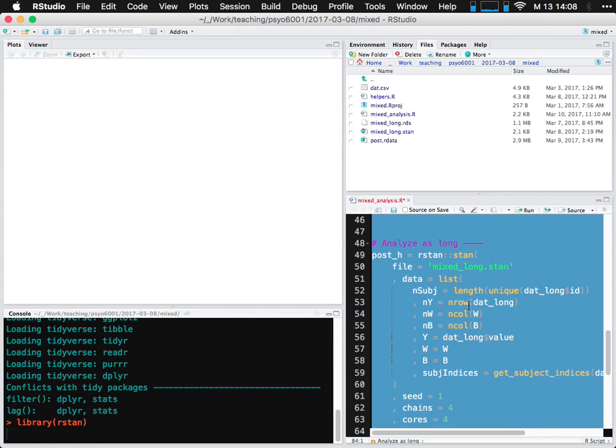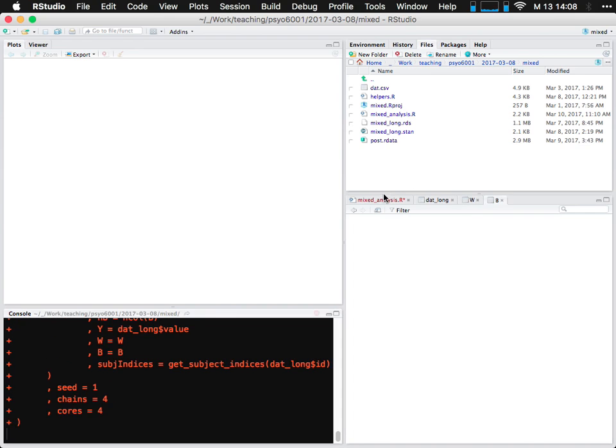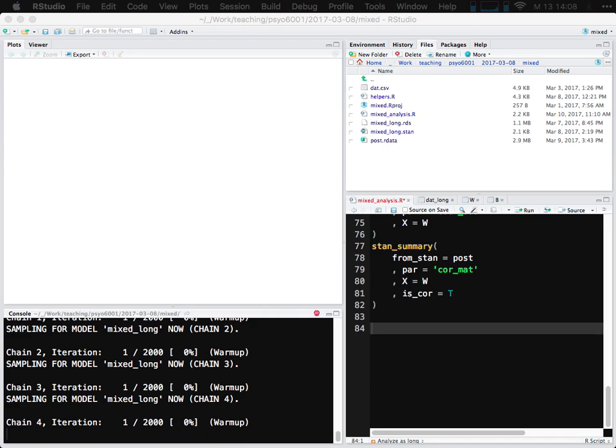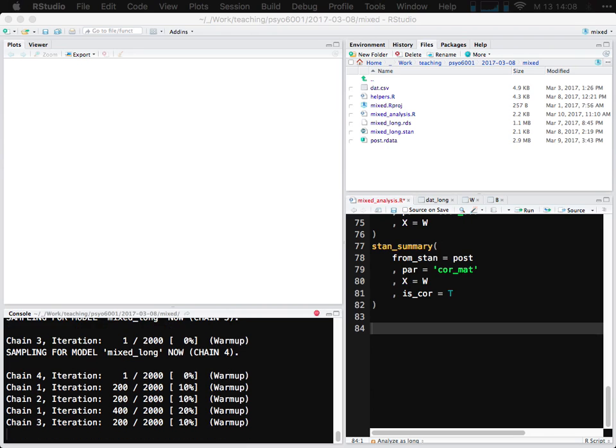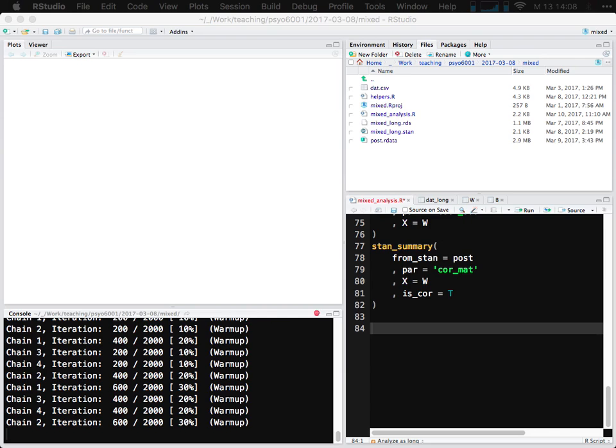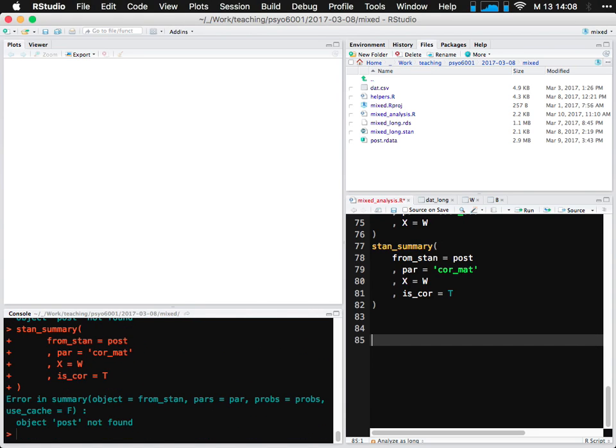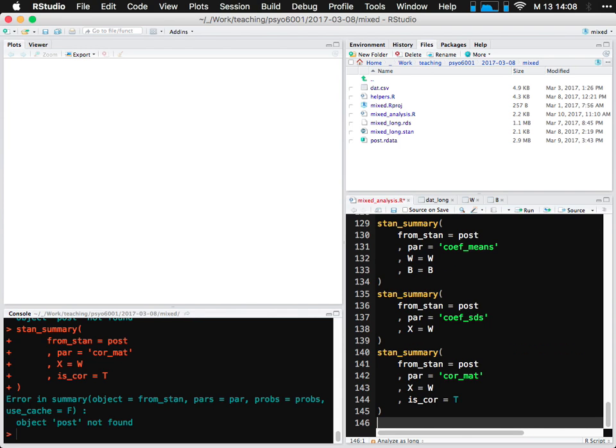I will add in that other stuff, which I can just copy from this other one over here. To one observation per cell. Okay.